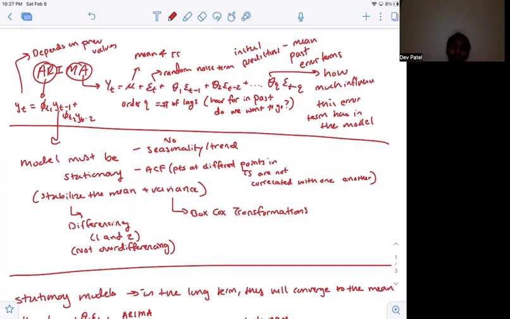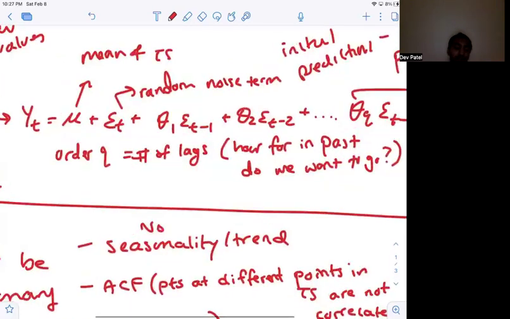The moving average uses, instead of the previous observations, the previous errors: how far your prediction was from the actual observed value that occurred, and you use those errors to help make your forecast. So it's a linear relationship between the predicted y variable and the previous errors.